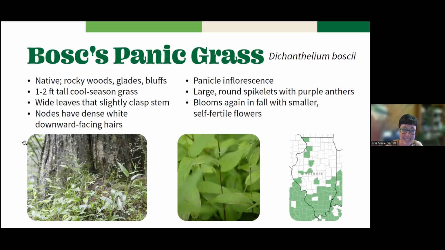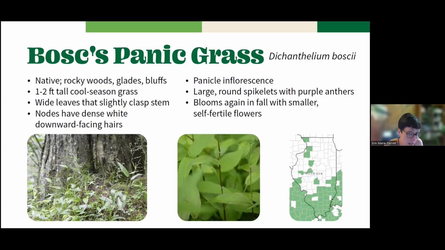Dicantheliums are notoriously difficult to identify. I feel like I found two of the easiest ones too, and that's what we're going to look at today. We're going to look at another one tomorrow also. There are about 33, 34 different species of Dicanthelium in Illinois, so we have a lot of options to work with. And I think most of them, if not all of them, are native.